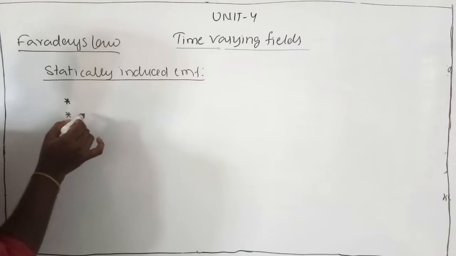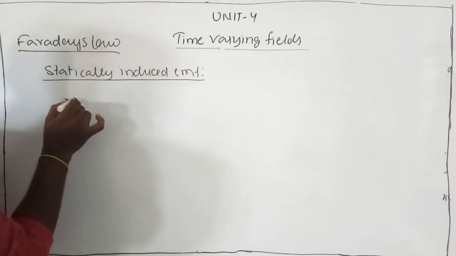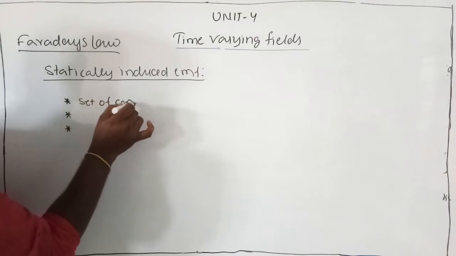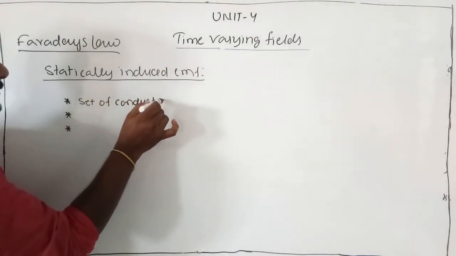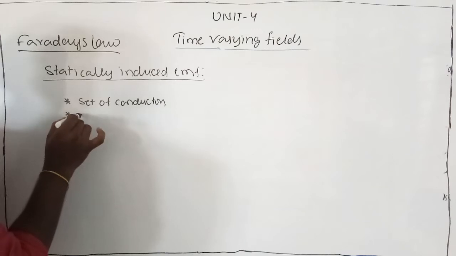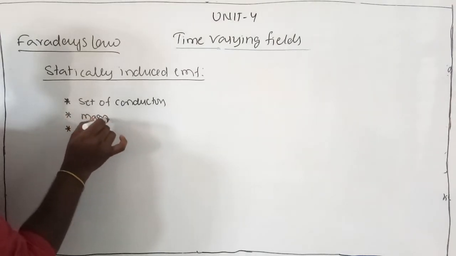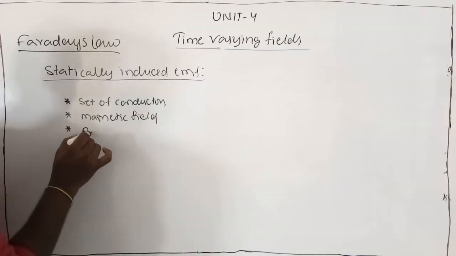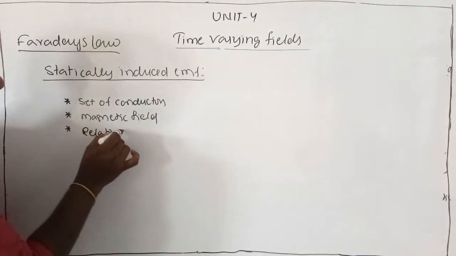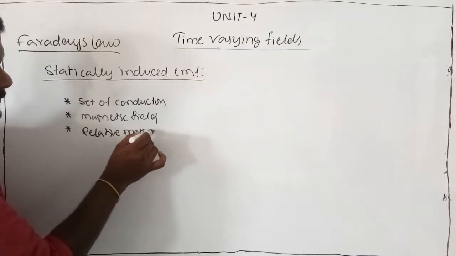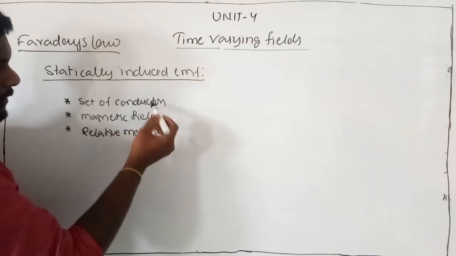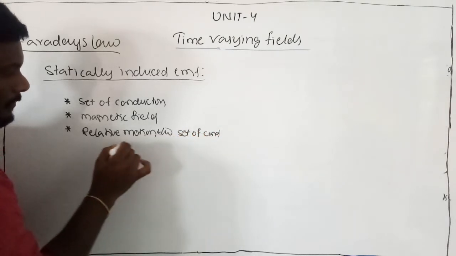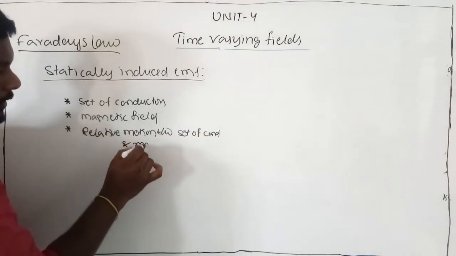One is a set of conductors, a magnetic field, and the relative motion between the two, that is, between the set of conductors and the magnetic field.